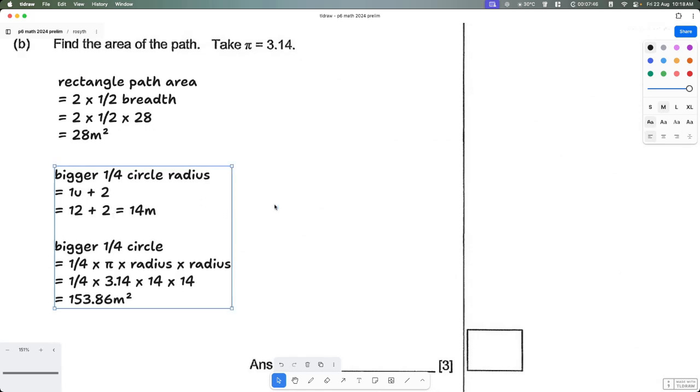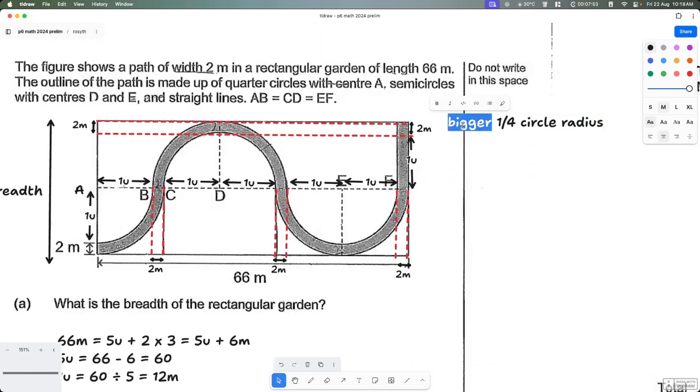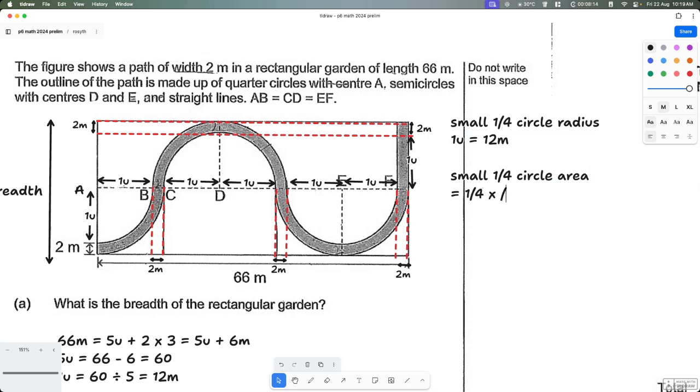Let's put this on. The next one is we want to get the smaller quarter circle, right? So this is the small quarter circle, and radius is essentially just 1 unit, which is equal to 12 meters. Okay, so small quarter circle area is equal to 1/4 times pi times radius.